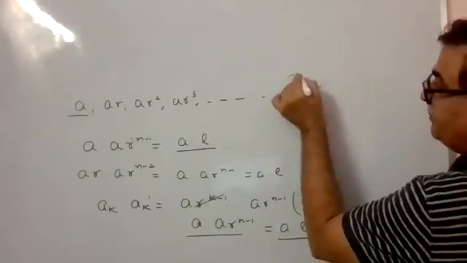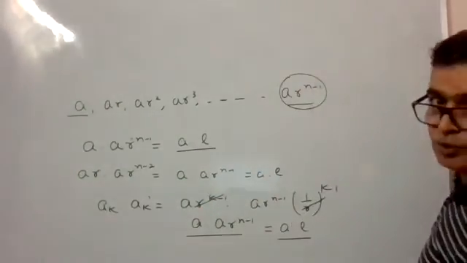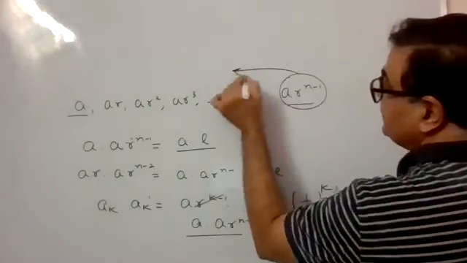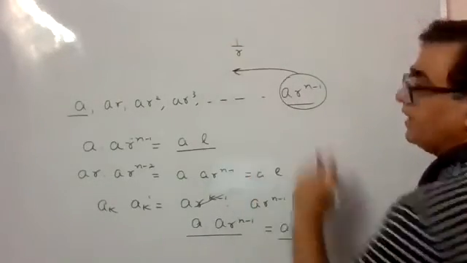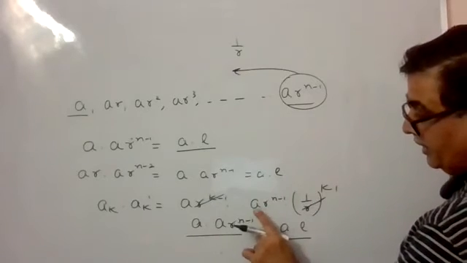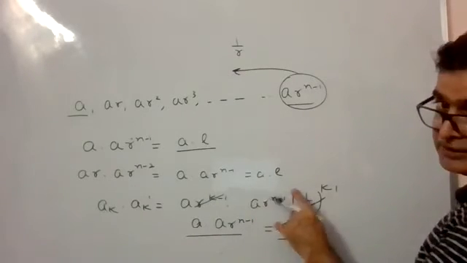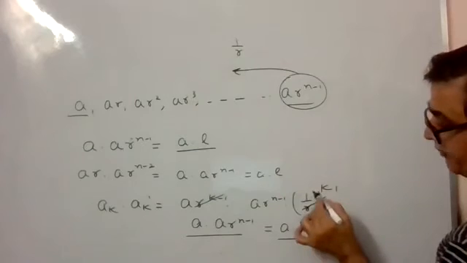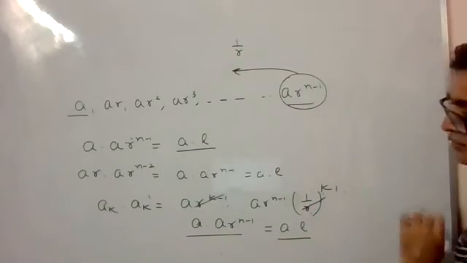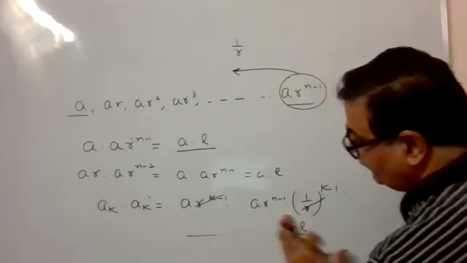If you take the kth term from this side, this will be counted as your first term. And then when we go this side, your common ratio will be 1 by r. So we will have a r^(n-1) as the first term, and the common ratio is 1 by r^(k-1). Now when you solve it, what will it come to?